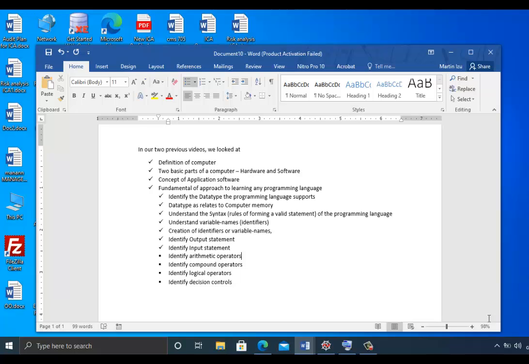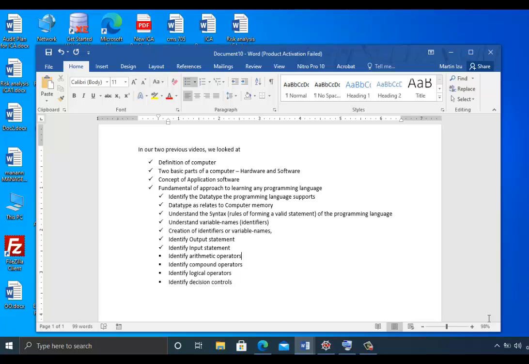Then we looked at the fundamental approach to learning any programming language, and I went on to say, whenever you want to verge into any programming language, one of the first things you need to consider is to identify the data types that the programming language supports. It's key.